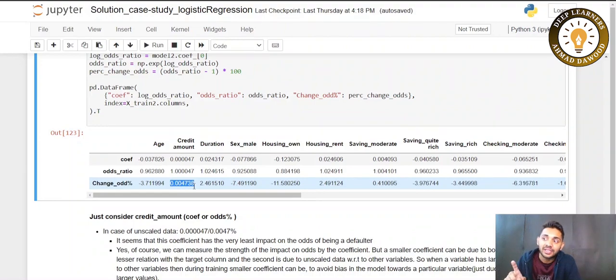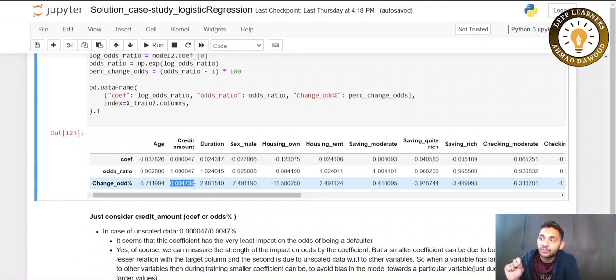This 0.004, the very small change in the odds ratio for credit amount, is due to the unscaled data. Credit amount has very high values in its column, and when you train your model, it gives smaller coefficients to columns that have higher values, so that it does not cause bias in the model due to those higher values.